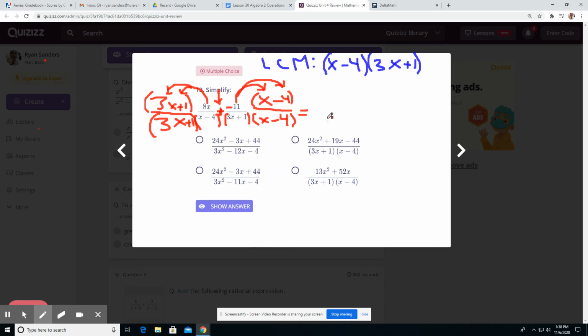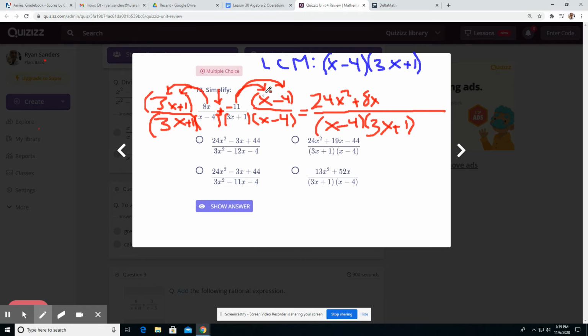All right, so what do we have on the bottom? x minus 4, 3x plus 1. On the top, 8x times 3x is 24x squared. 8x times 1 is 8x.